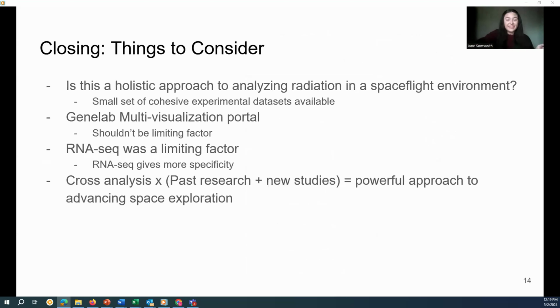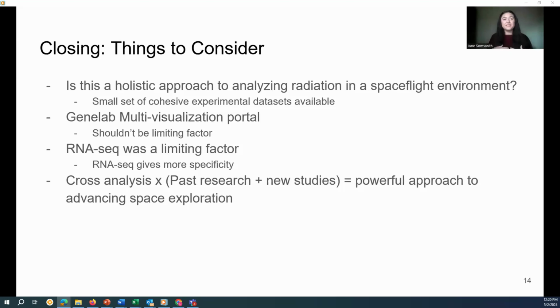And so, things to consider. Is this a holistic approach to analyzing radiation in a spaceflight environment? Yes and no. It pulls in more species, more studies, and it is a more holistic approach in some ways. When it comes to the GeneLab visualization portal, it shouldn't be a limiting factor.